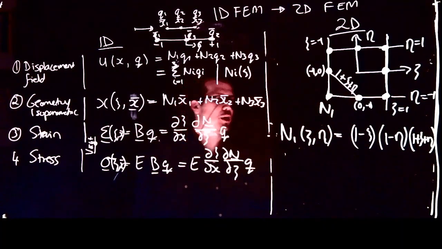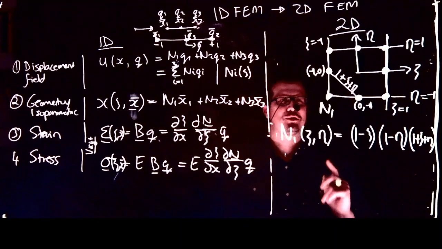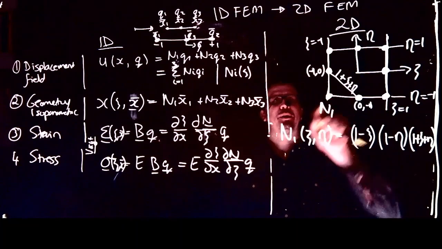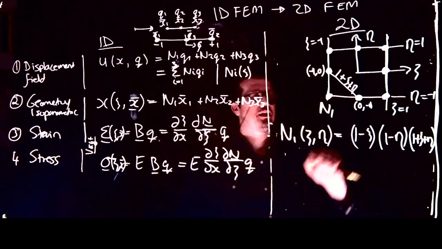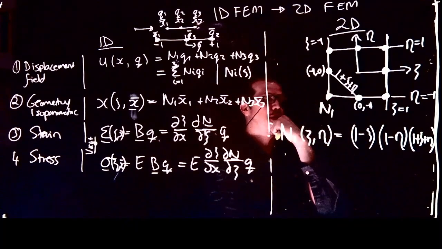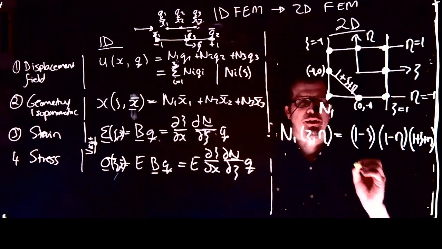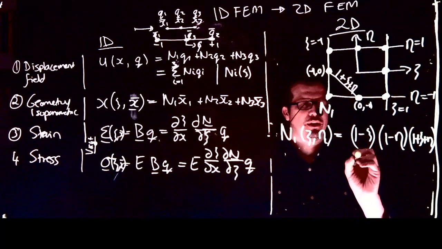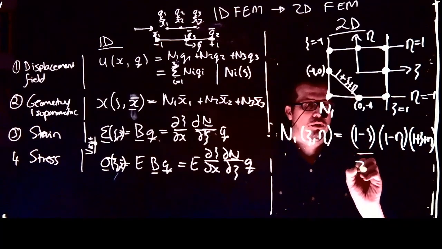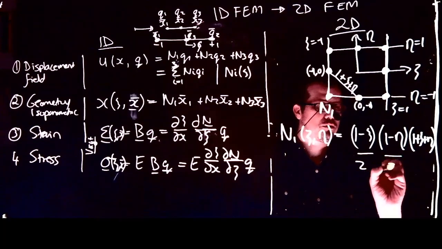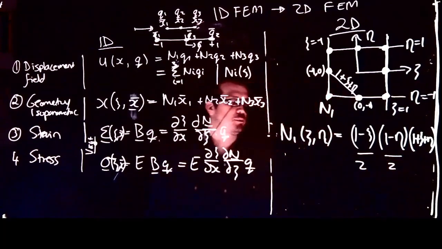Now I need to make sure I scale this properly, because there's still a scale factor missing here. If I evaluate at -1 for psi, this must evaluate to a 1. If I put in a -1 for psi, this term evaluates to a 2. If I put in -1 for eta, this term evaluates to a 2. Can you see? 1 minus 1 is 2.